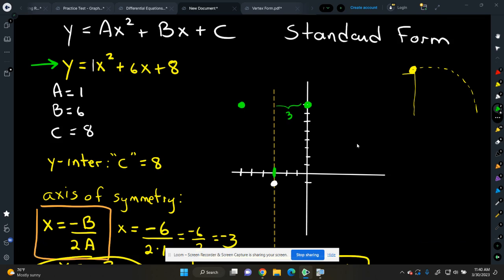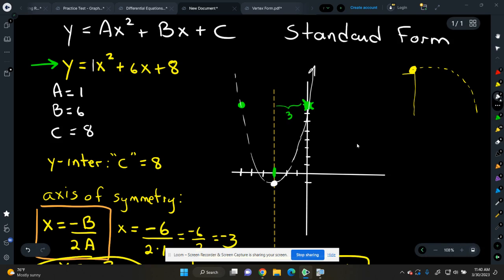So just envision folding it over, and I've got a point that matches the point that we had on the y-axis. That's another reason that point is important, because once I plot that point, I can use my axis of symmetry to find another point. I have 3 points. Now I can draw my parabola, and I've got a more defined shape to it. I know how quickly it rises.